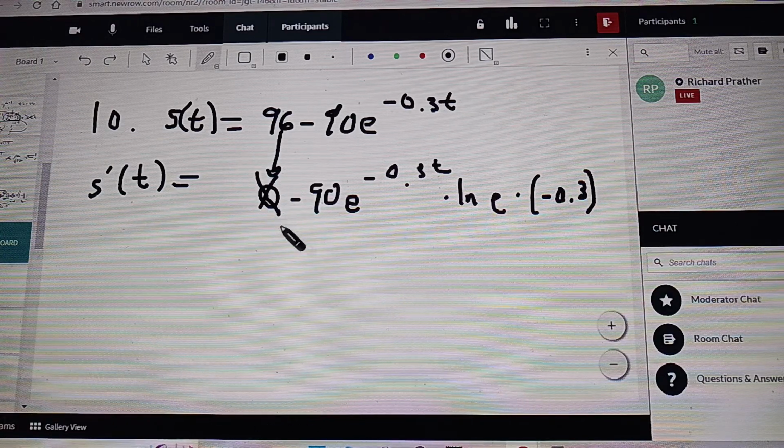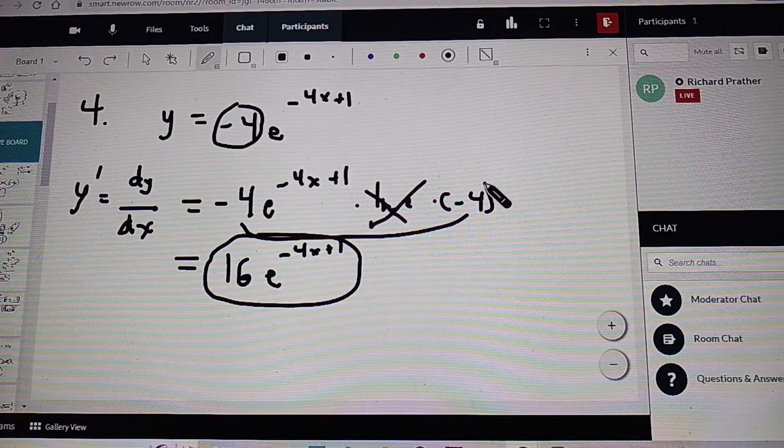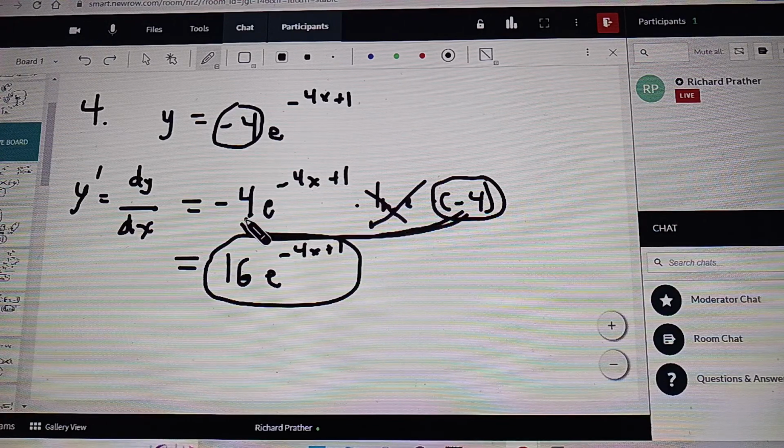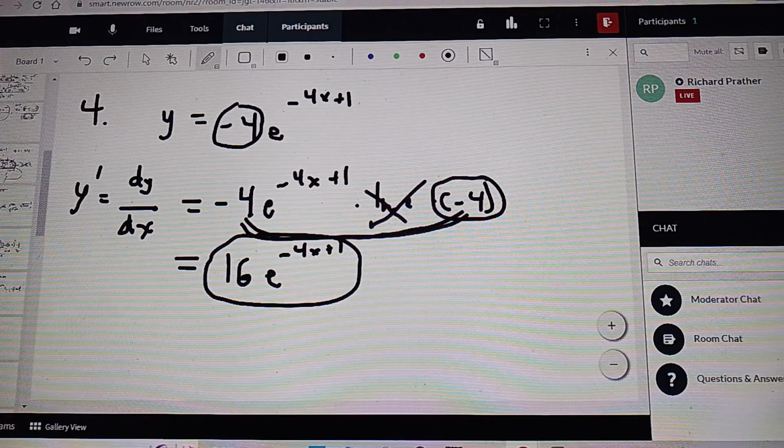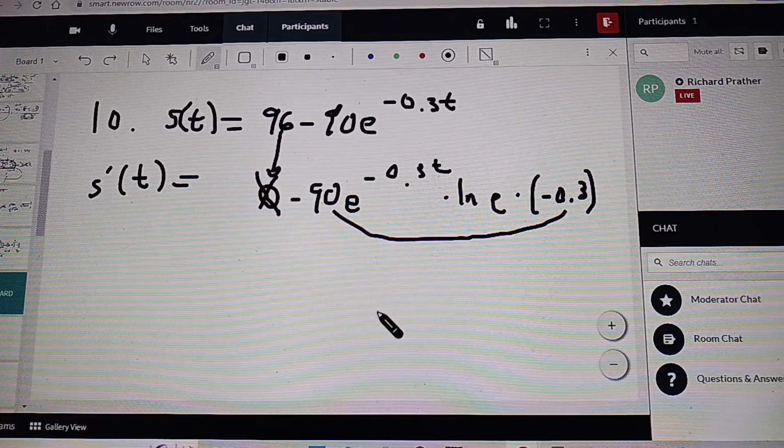This 0 doesn't matter. Then just like those early problems, problem 3 and 4, remember how I was just getting a constant here at the end from the derivative of the exponent, and then that would get multiplied to the front constant. So that's what's going to happen here, is this back constant can be multiplied to that front constant.